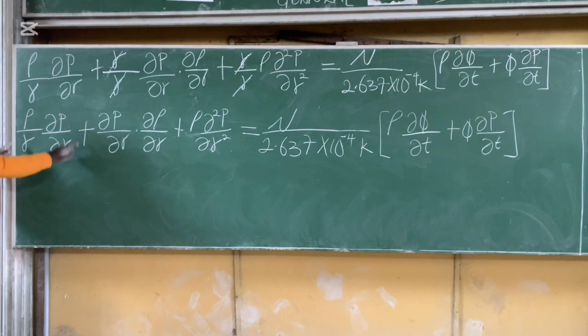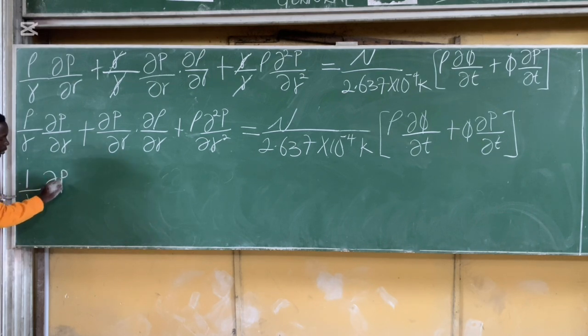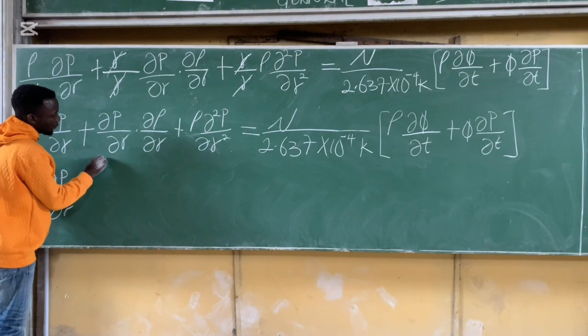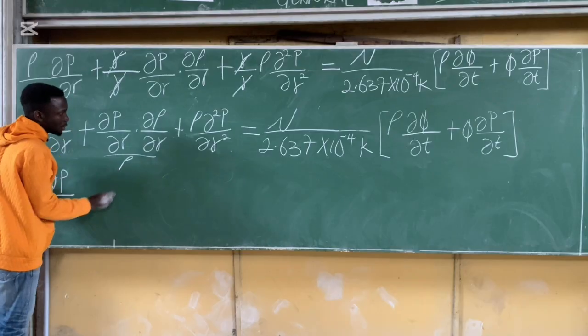If you divide this first equation by density, density will cancel out. So divide everything here by density. If you divide this first term by density, density will cancel out. We'll be left with 1 all over r dp all over dr. Remember, we'll divide this one here by density.